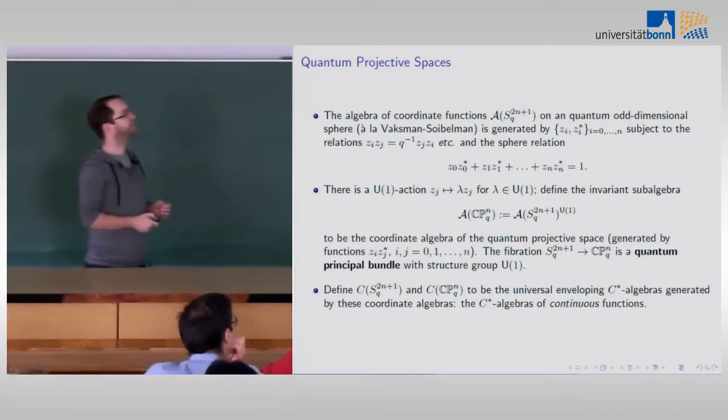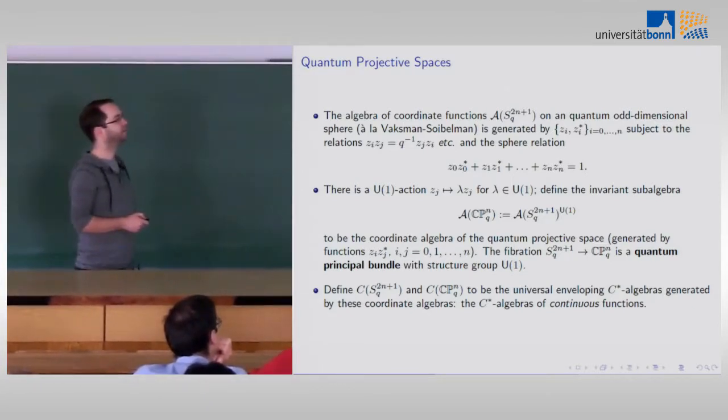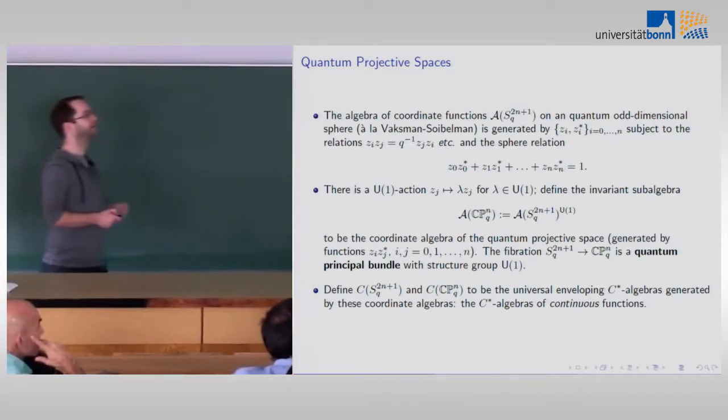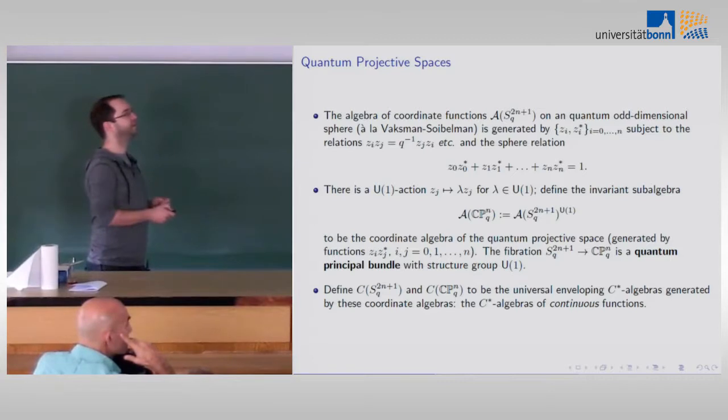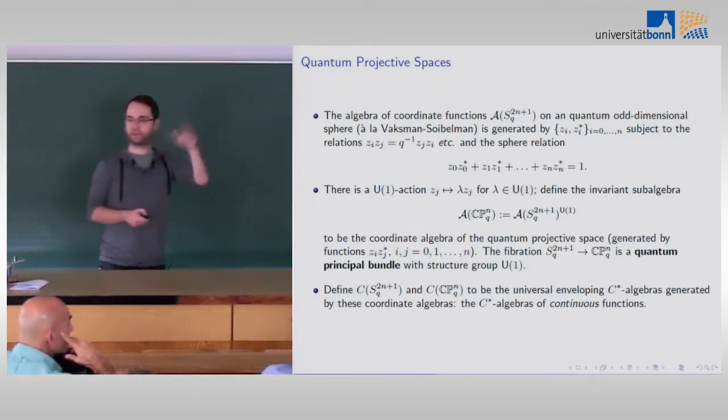This is generated by a bunch of coordinate functions, z_i and z_i star. There are n+1 of the z_i's, and then there are n+1 conjugates. There's a bunch of relations here, which I won't tell you, you don't need to know them, but the deformation parameter q tells you how the z_i and the z_j commute, for i less than j. There are a bunch of other relations.